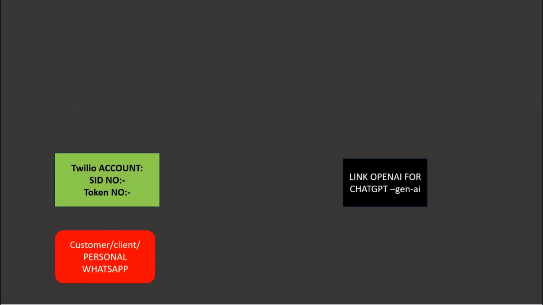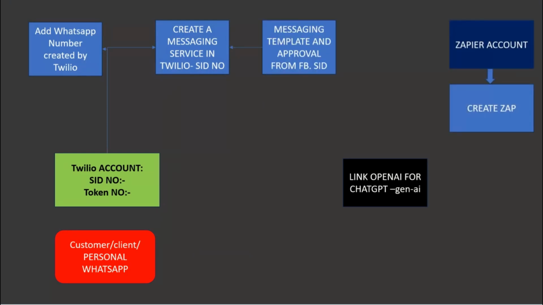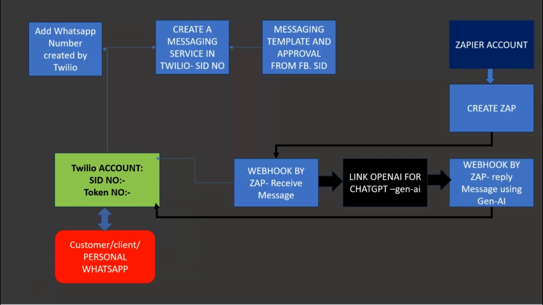We have taken the help of OpenAI, then a Twilio account, WhatsApp number, then create a messaging service, get the approval, Zapier account, create the job, and connect with Twilio, and then connect with OpenAI, then again back to Zapier, again to Twilio, and Twilio will send the result to your WhatsApp.